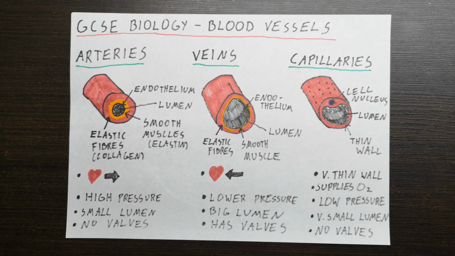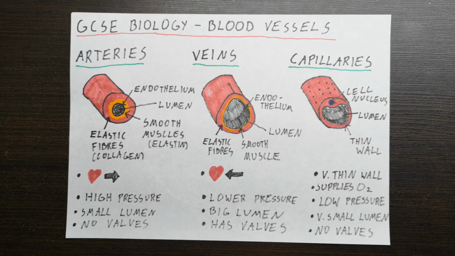Because small lumen helps to keep high pressure. It essentially reduces the volume of the blood that we can contain within those arteries, and therefore heart kind of has to cram that blood into those small lumens, and that increases pressure.